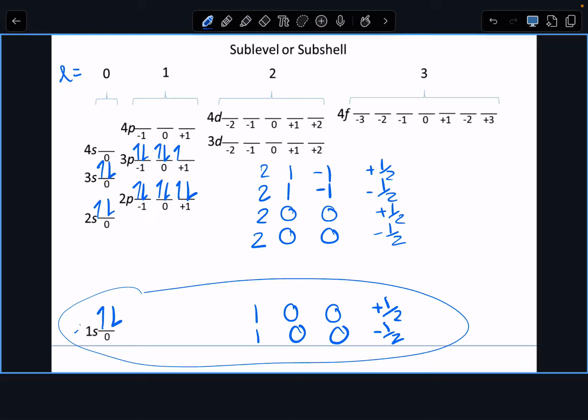In the Schrodinger equations, the quantum mechanics equations, every single electron is defined by a mathematical function. The results of that function are these values, and these 2 electrons, for example, would have the exact same results for N, L, and M sub L, and they would only differ by the spin value, but they would still be different.